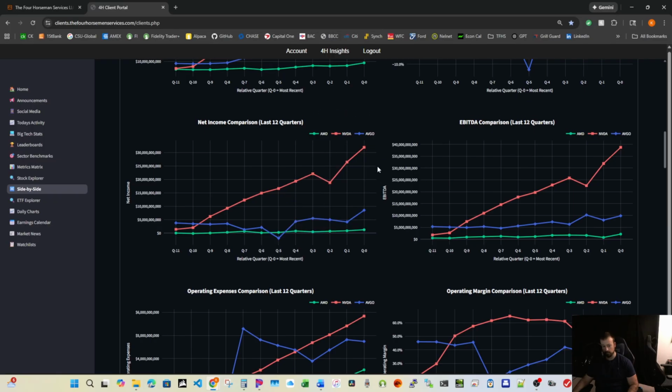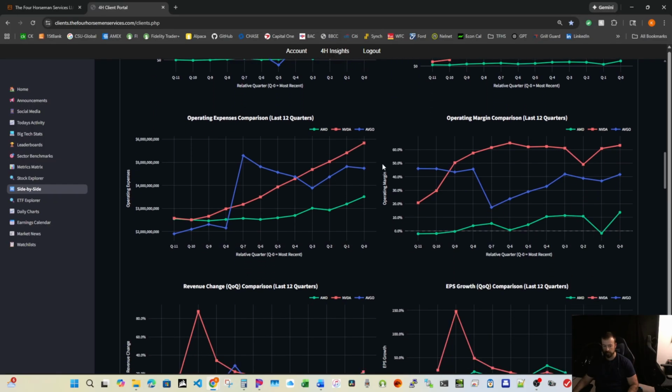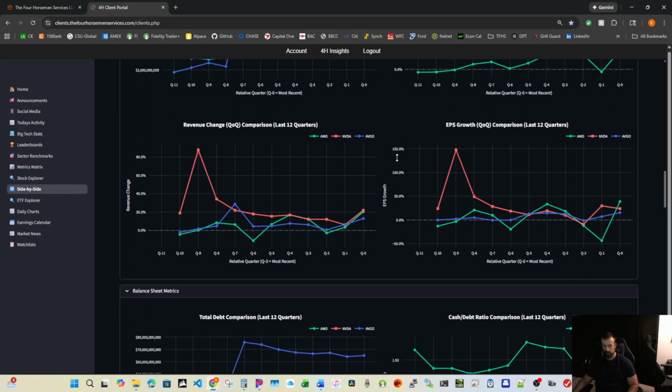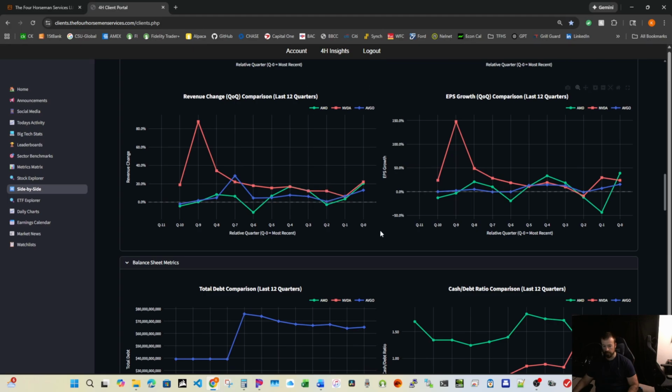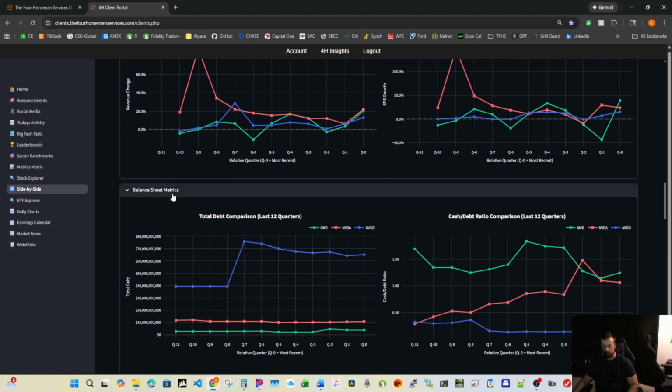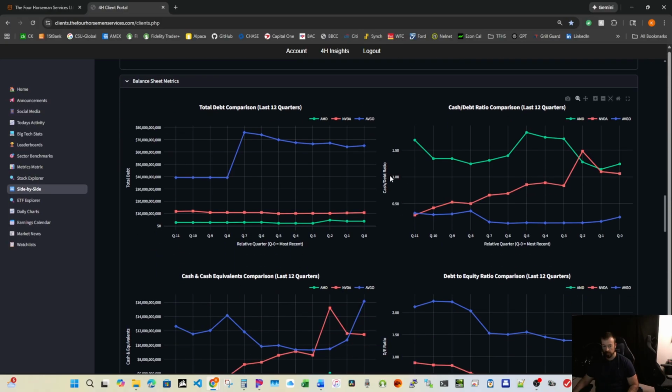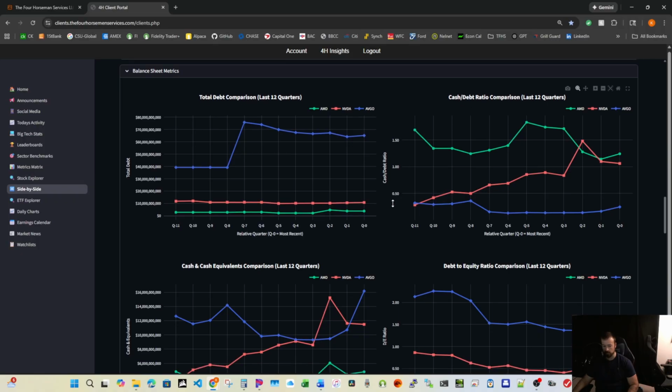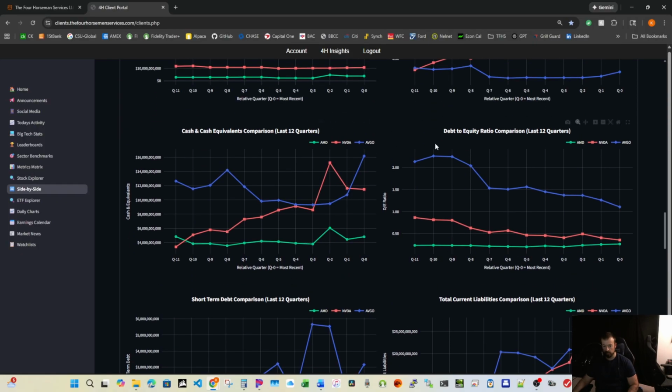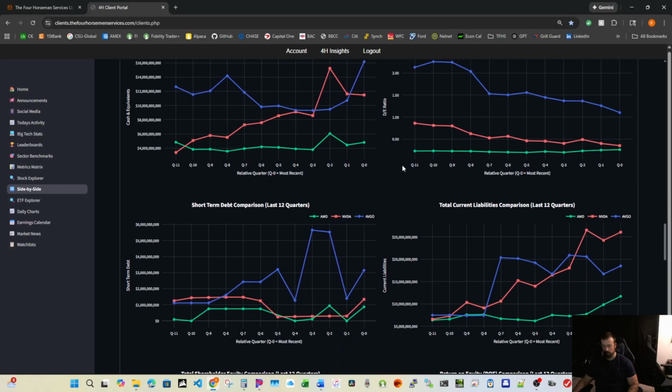Net income, still Nvidia. And I can go down this list of different financial metrics from the income statement as well as balance sheet metrics and review who has the most total debt, who has the best cash to debt ratios, cash and cash equivalents, debt to equity ratios.